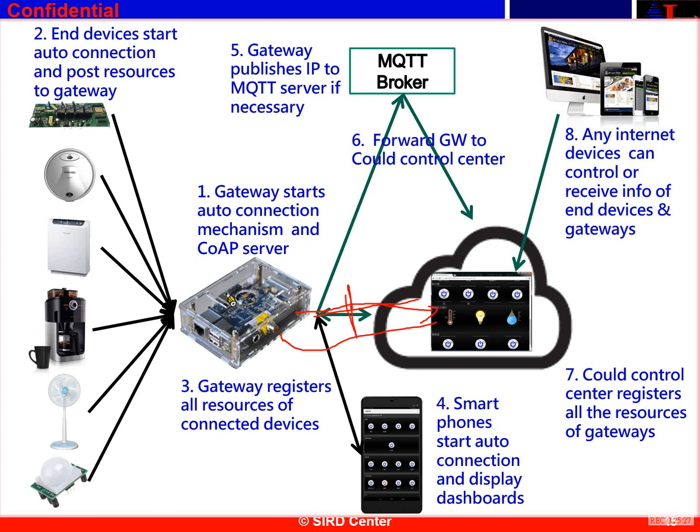But with CoAP, you need to know I'm a CoAP server here, and you need to know my IP address because it's a server. For example, if this guy is a server, then I need to know your IP, then I use your service, right? Similarly, the problem here is in the cloud, you don't know where this guy is. So that's why you use MQTT to send out all the information to the cloud.